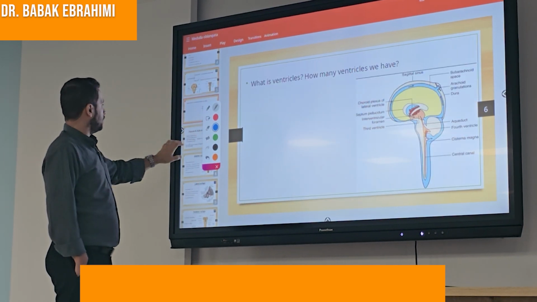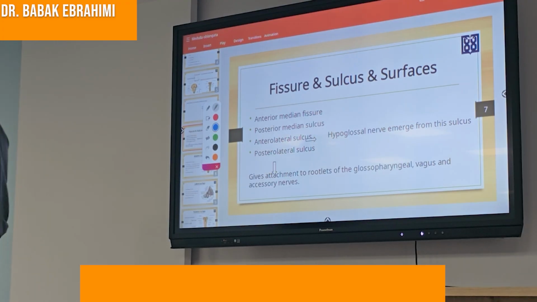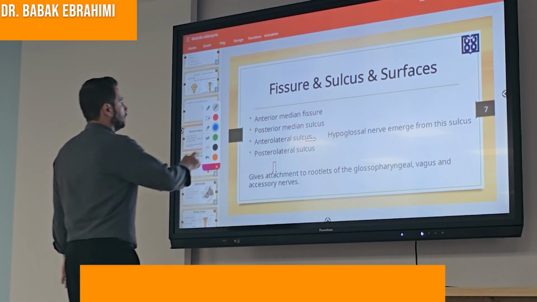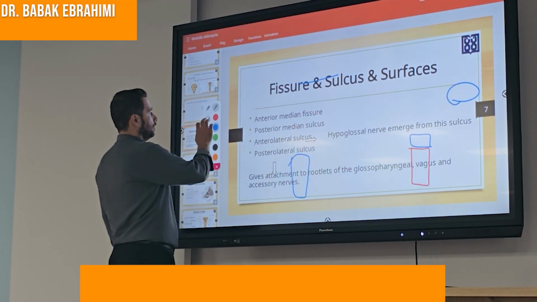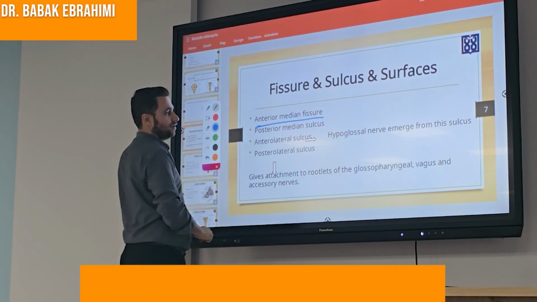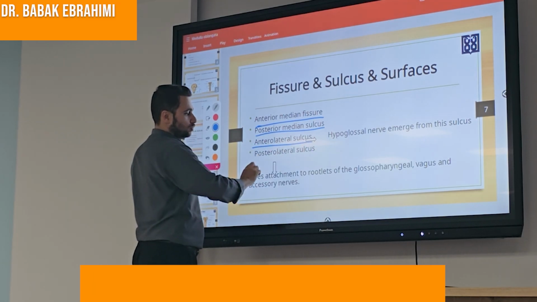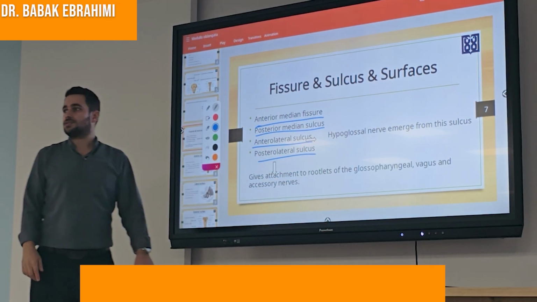I told you about the ventricle and this part. It is repeated. I told you in the spinal cord we have the anterior median fissure, posterior median sulcus, anterolateral sulcus, and posterolateral sulcus.